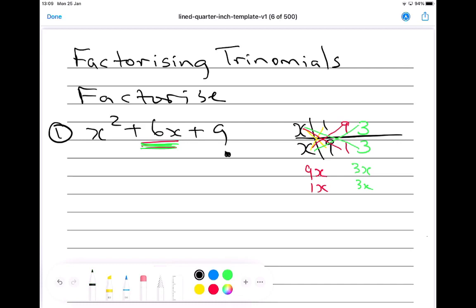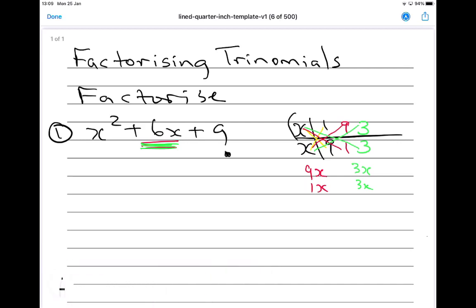And so we will need in one bracket x and a 3, and in the other bracket x and a 3. So I can now come here and draw those two brackets. The next thing is I need to deal with the signs now.